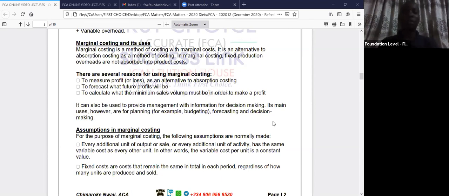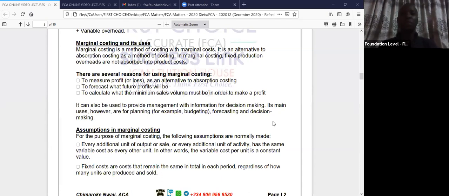Then we have another reason for using marginal costing, which is to be able to forecast what future profit will be. When you are learning CVP analysis, that is cost volume profit analysis, you use the contribution principle, which is one thing about marginal costing, to enable you to project or forecast what future profit will be.